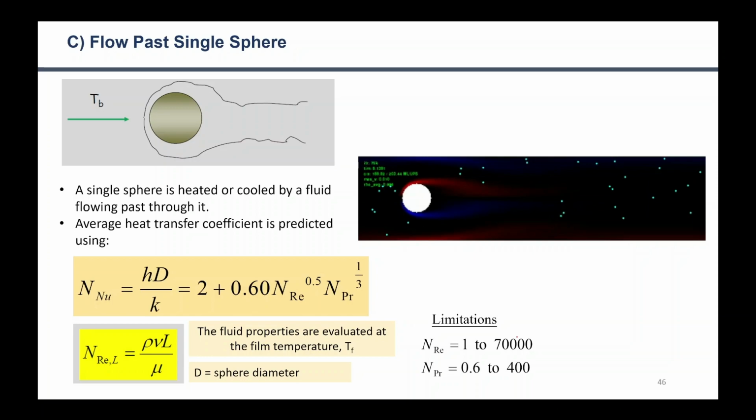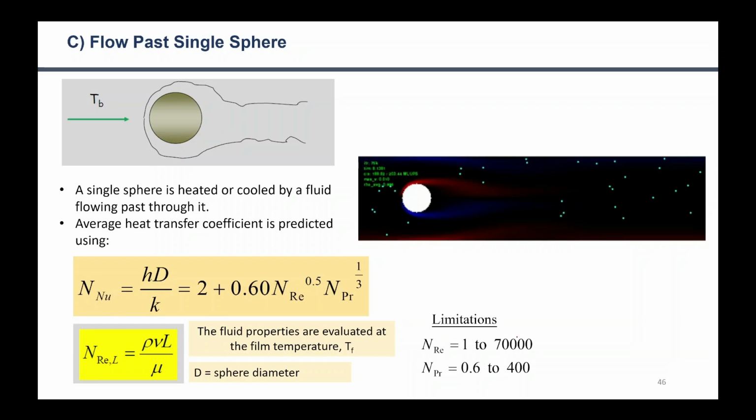Let's continue to look at the forced convection across a single sphere. The flow across cylinders and spheres is frequently encountered in our daily life. For example, for cylinders, one very common example is the tubes in the shell and tube heat exchanger.